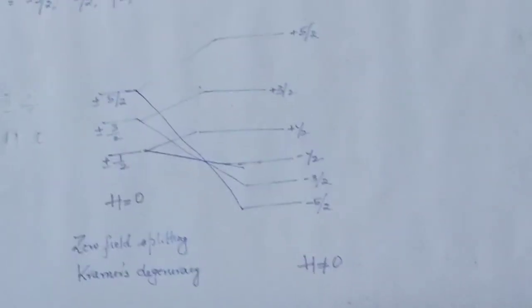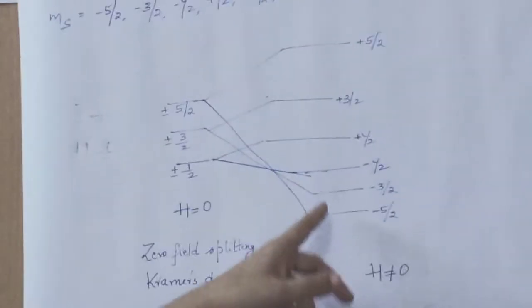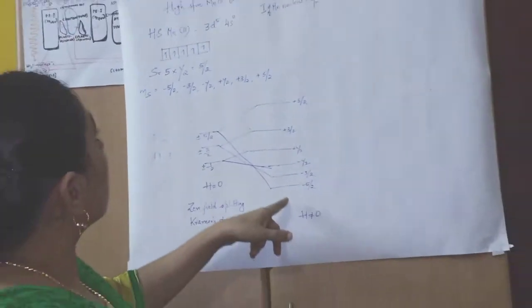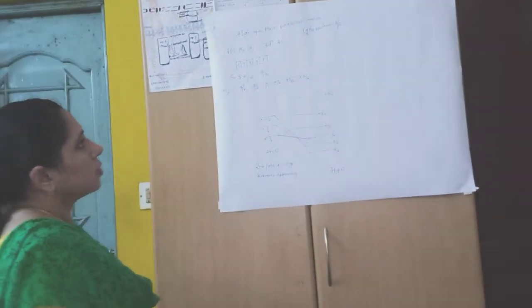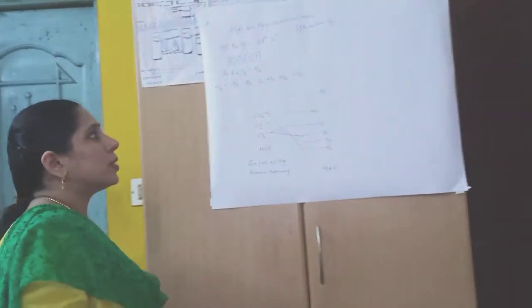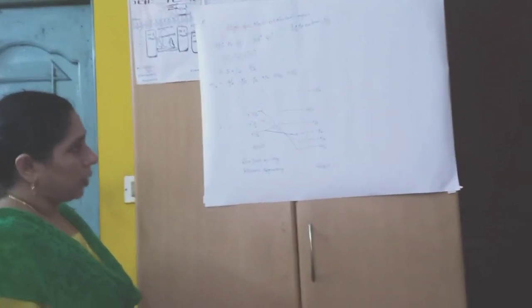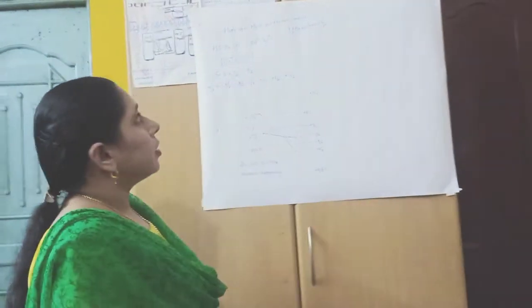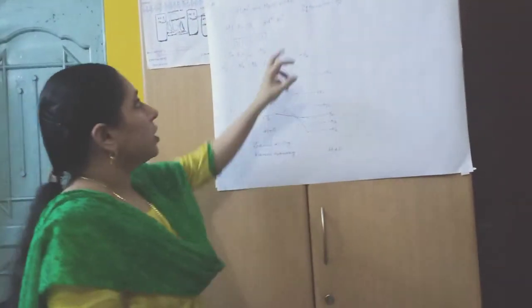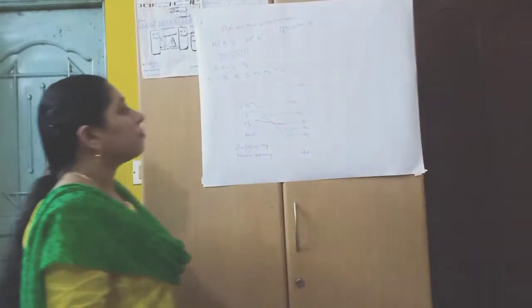Now, if there is no nuclear hyperfine splitting, there will be 5 transitions, obeying the spectroscopic selection rule delta ms equal to plus or minus 1. But here, the manganese nucleus has nuclear spin quantum number 5/2.